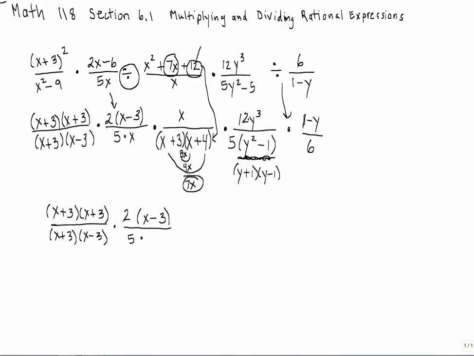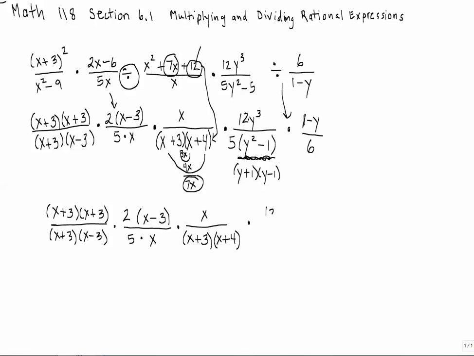Actually, the 5 and this x are also single individual little factors. They don't belong to any little families, any little groups. Then I have x, another single guy, over a little x plus 3 family. That's a quantity, cannot be broken up, and another x plus 4, little family quantity there.